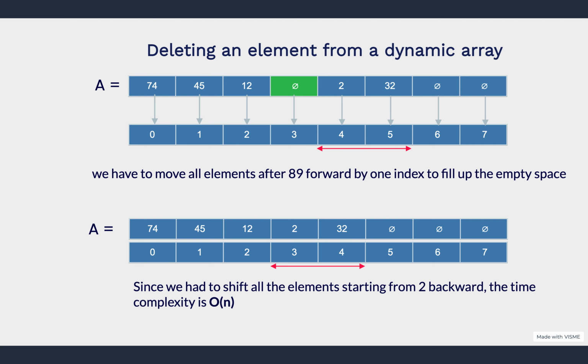The diagram is self-explanatory. Since we have to shift all the elements starting from 2 forward, the time complexity is big O of n, where n is the number of elements we have to shift forward to fill up the empty space.